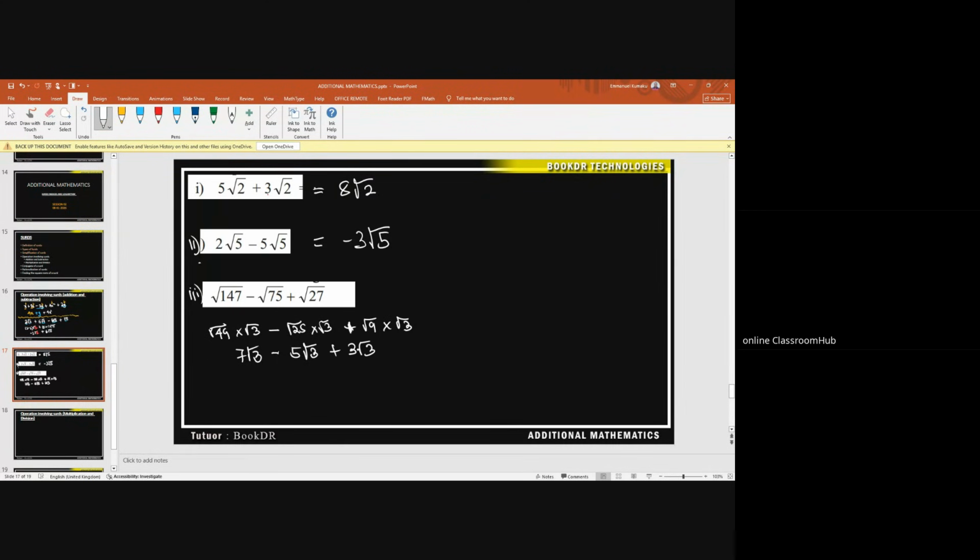Now that we have simplified it, we can see that, in fact, all the surds are like surds. So we can straight away add the numbers attached to the surds or subtract them. So 7 minus 5 plus 3. 7 minus 5 will give us 2, plus 3 will give us 5. So this will give us 5 root 3 as our final answer.